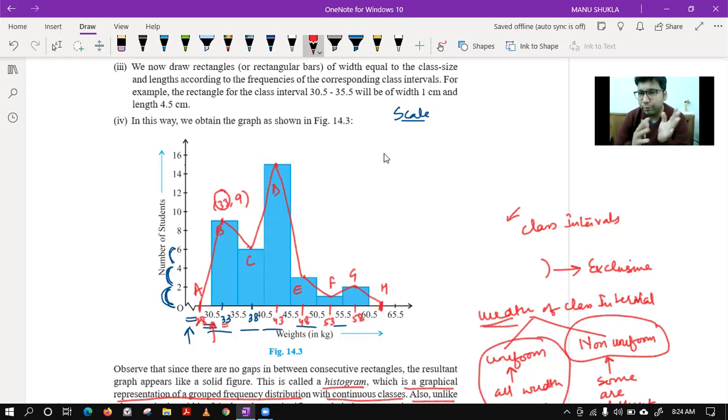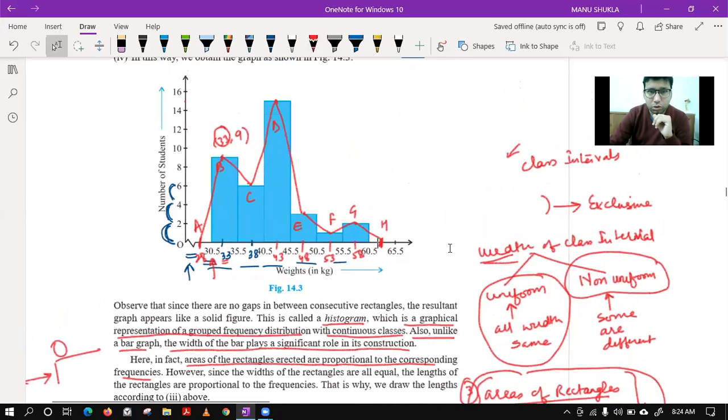So if you have made a histogram, just you need to find the midpoints and just join it and you are done. In the case of frequency polygon, what we have to do is, let's see. So I hope this thing is clear. We have taken point A, and this point A is lying in the positive x-axis only. Okay, it is not going on negative x-axis. So let's see the next case.